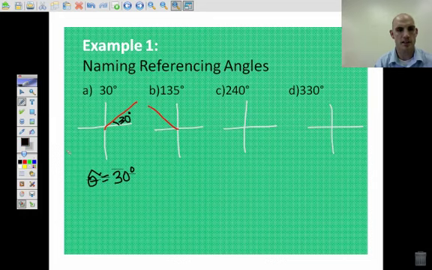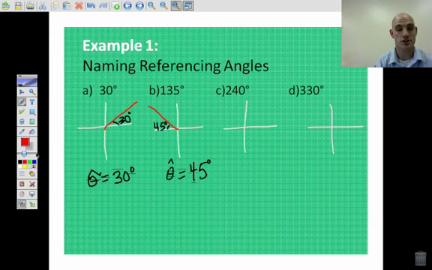So my theta hat is going to be measured between the negative x-axis and my terminal side. So that's going to be this. And I know that this is going to be 45. Okay. So my reference angle is going to be theta hat equals 45. Okay, so my angle is 135. My reference angle, my theta hat, is going to be 45 degrees. Okay, so let's see how this works.